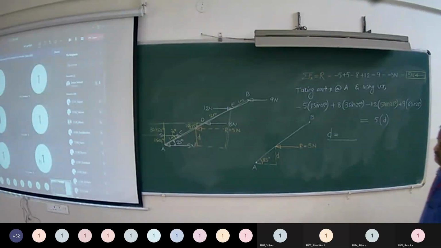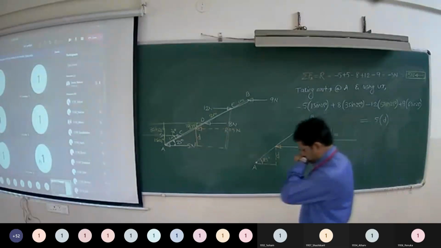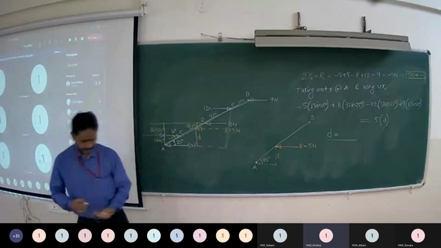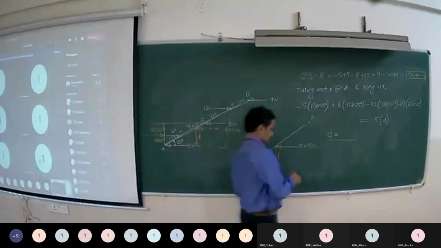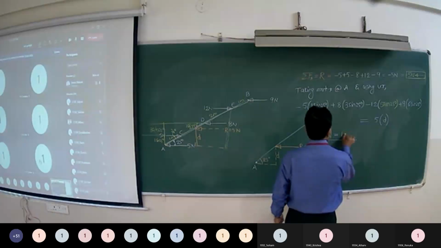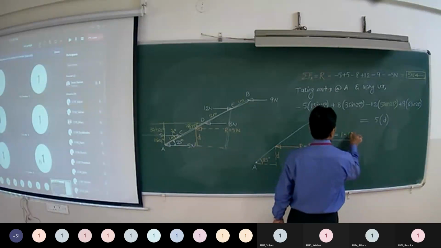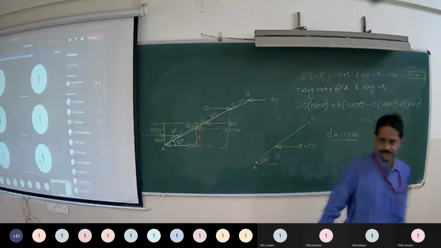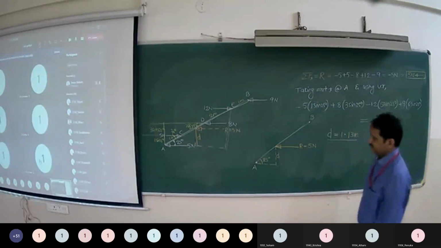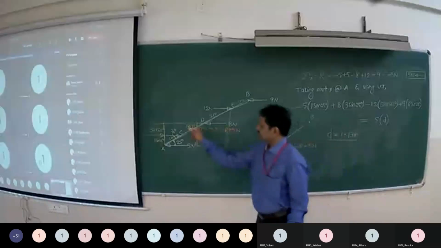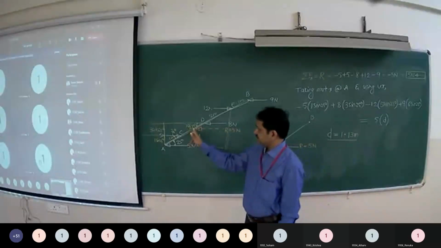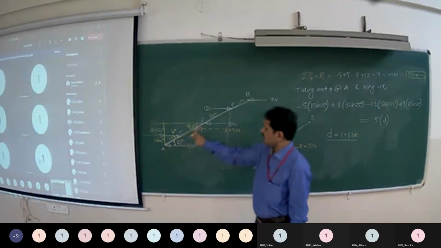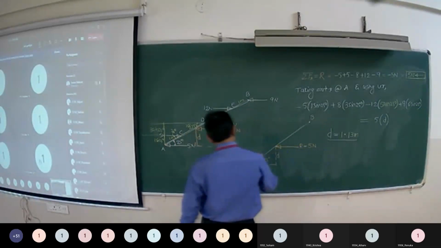What is D? 1.13. Right. But you have to find out where the line of action of resultant is, the position of line of action of resultant with respect to A along AB.